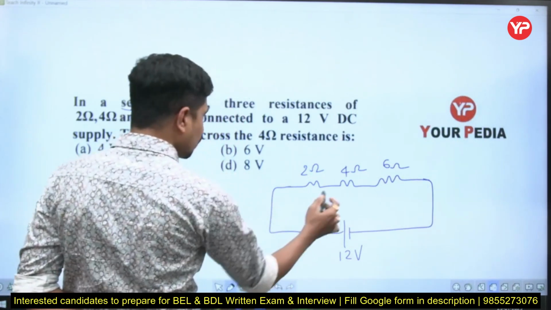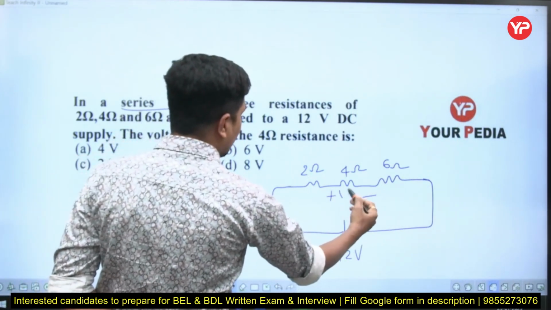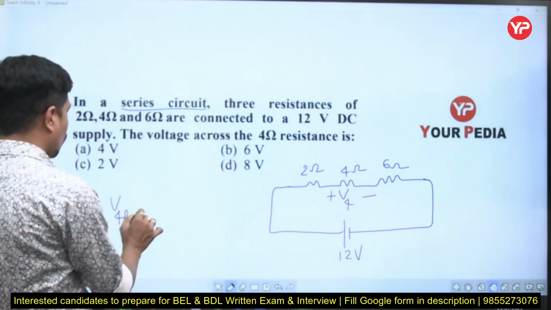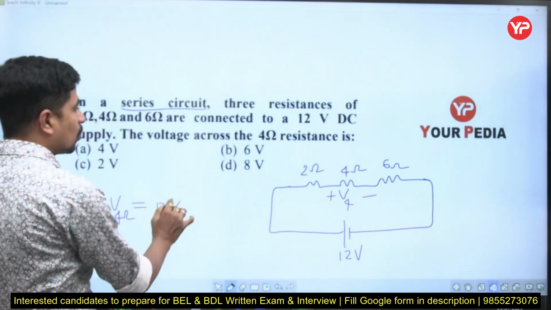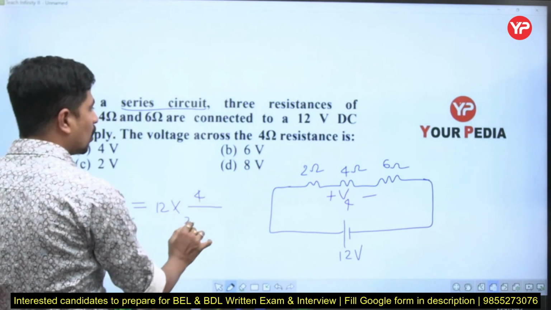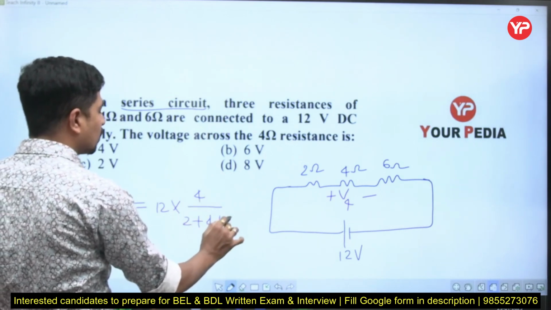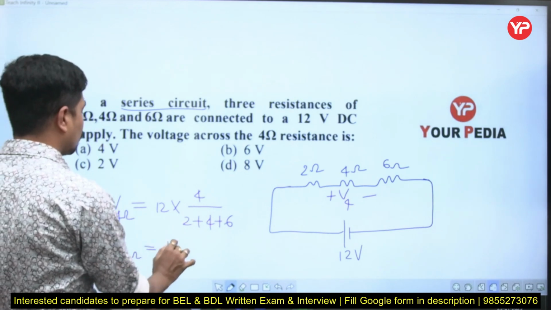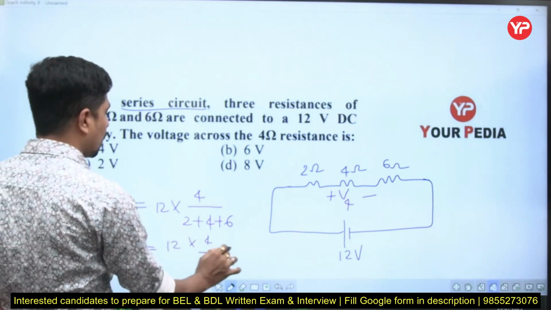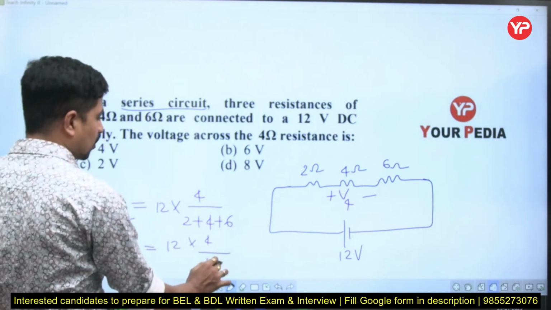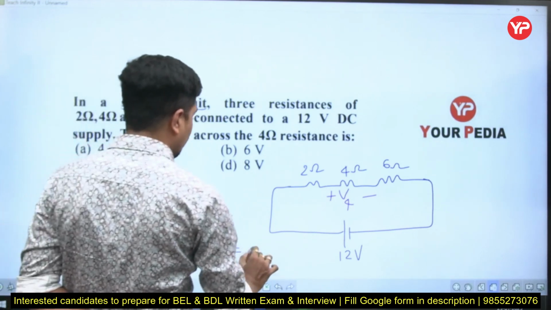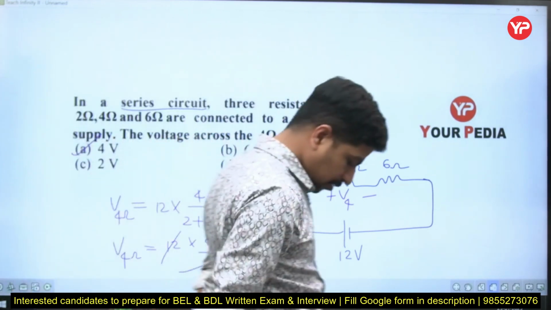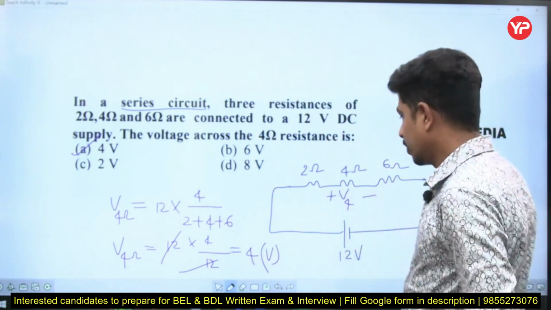Apply voltage division: 12 into 4 by 2 plus 4 plus 6. So V4 ohm is equal to 12 into 4 divided by 12, it is 4 volts. Option is A, 4 volts.